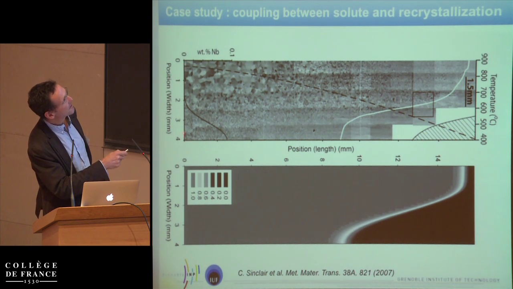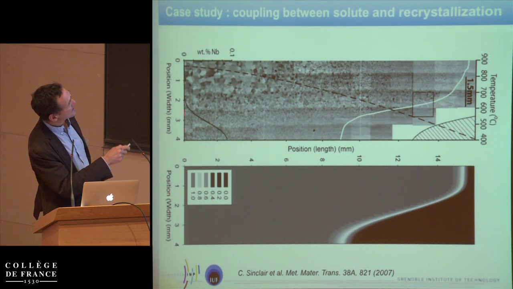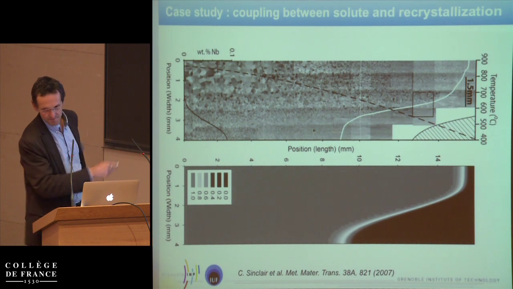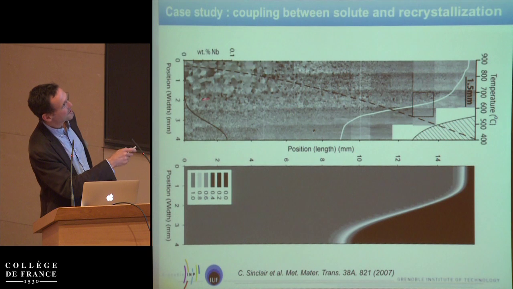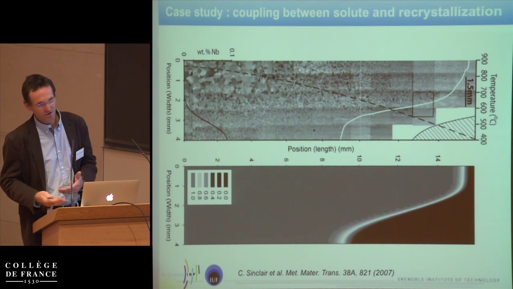So here on the y-axis you have the niobium content. On the top it's 0, on the bottom it's 0.1. On the x-axis you have the temperature. So here you have 400, and here you have 900 or 850. And then you've got a map of the effect of composition and temperature.